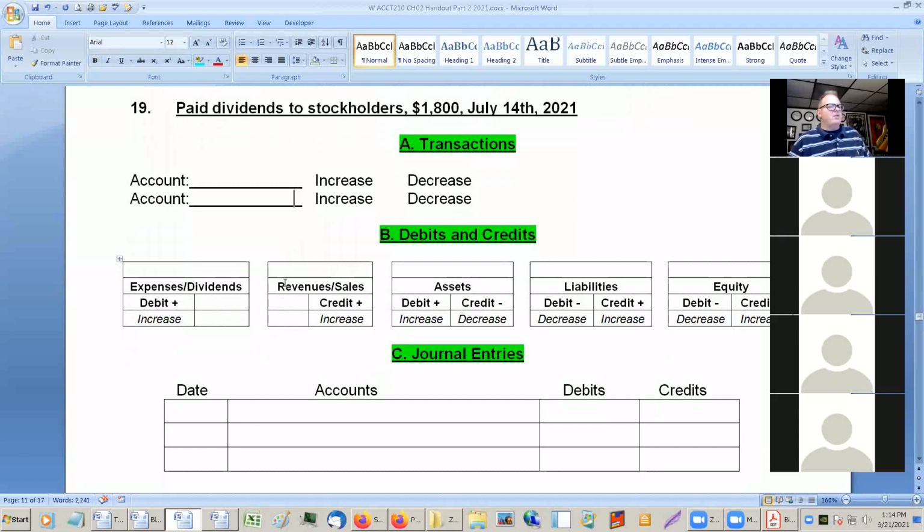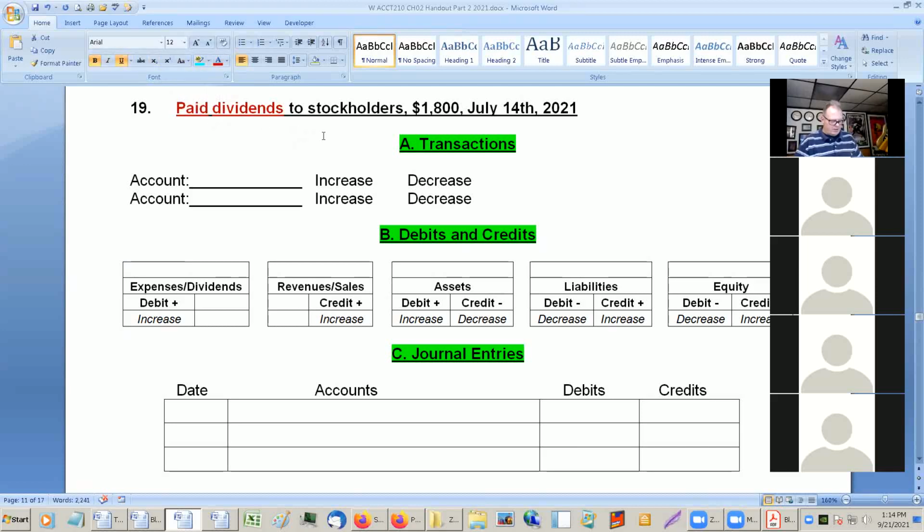Okay, this is the wacky one. This is wacky because you'll see it two different ways in different books. Paid dividends to stockholders. Okay, so what do we probably pay them with? Cash.